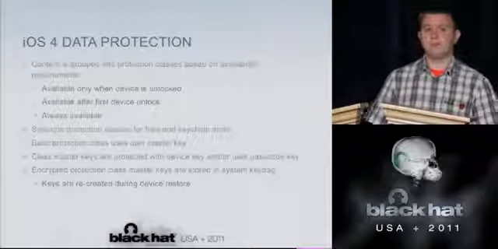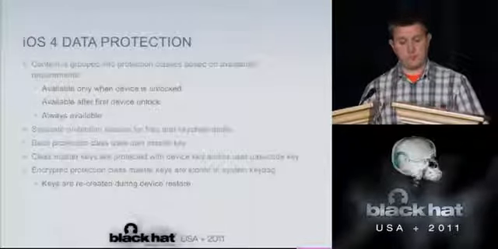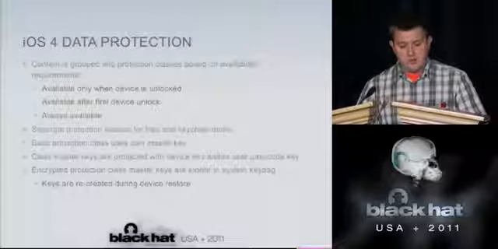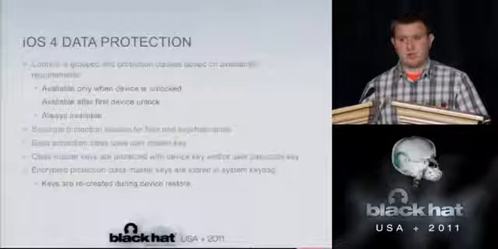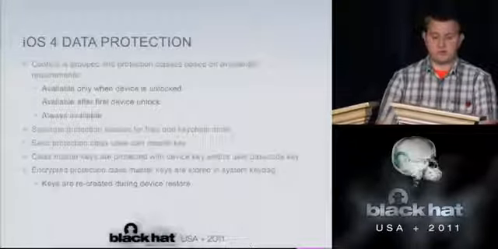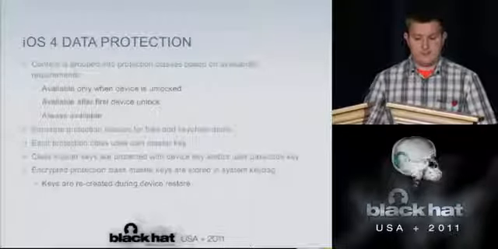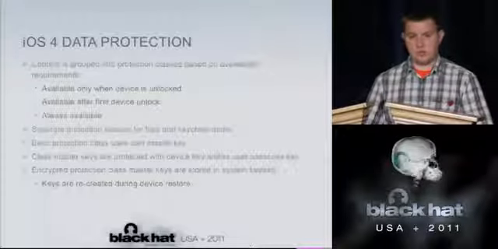iOS 4 introduces a concept of so-called key bags. A key bag is a collection of encryption keys. And it also introduces the concept of content protection classes. iOS defines several content protection classes which correspond to three accessibility domains, which are also defined for all the data stored on the device.